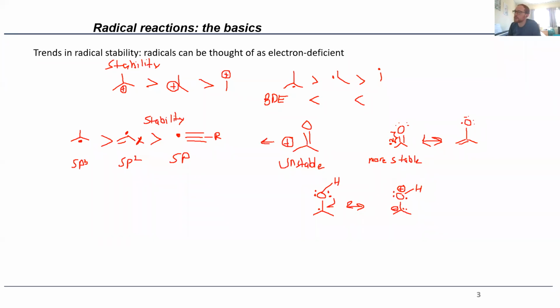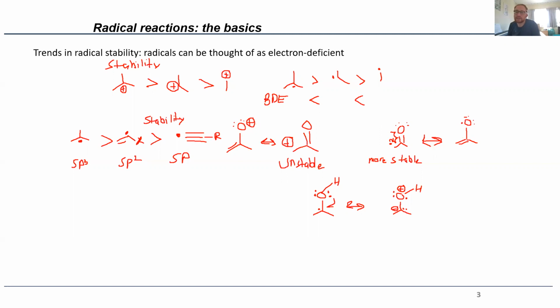Doesn't this resonance structure exist? I suppose you're right, it does exist, but it is negligible due to the electronegativity of oxygen, and so we don't consider it really a valid resonance structure.